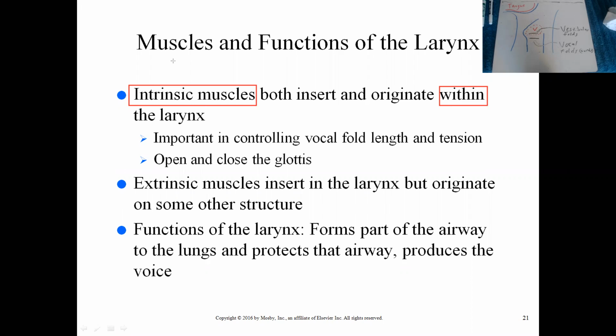And I have here, they can open and close the glottis. Now, glottis, that's just the area around the vocal folds. That's why the epiglottis is called that. It's epi, above the glottis.